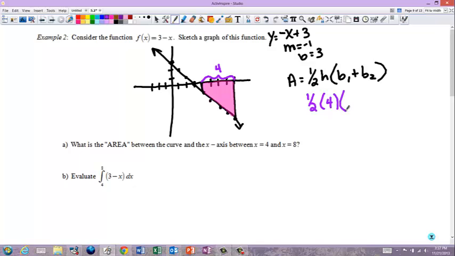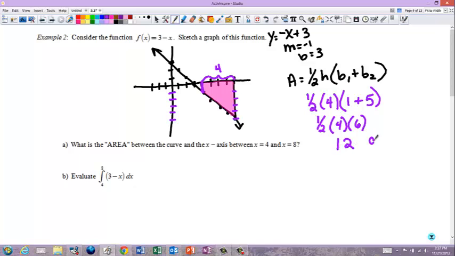And then my first base looks like it's down 1. And my second base is down 1, 2, 3, 4, 5. Yeah, this would have been much better had I done a graph. So it's 1/2 times 4 times 6. So 2 times 6, so it's 12.